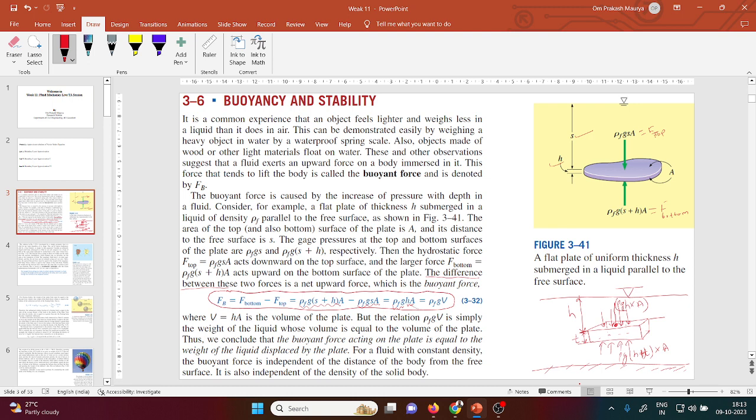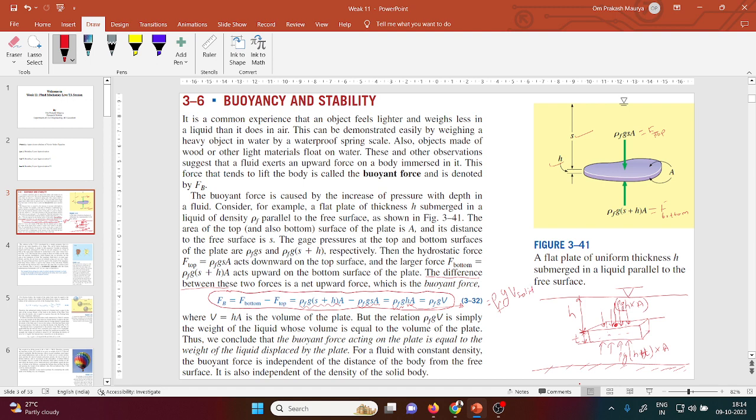It is the volume of the solid body, not the fluid and not the height. That is the area and the thickness of your body. So it is rho of fluid, g, and the volume of solid body.